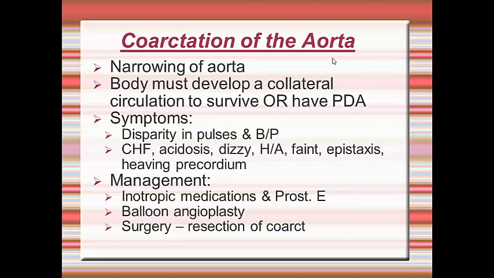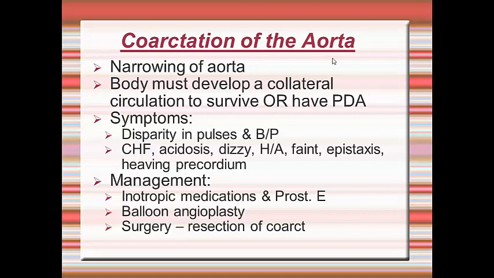The symptoms of coarctation of the aorta are going to be a disparity in the pulses and the blood pressure. This can be seen in a newborn, and we talk about how important it is to do a good assessment, and one of the assessments we do in a newborn is check all the pulses.